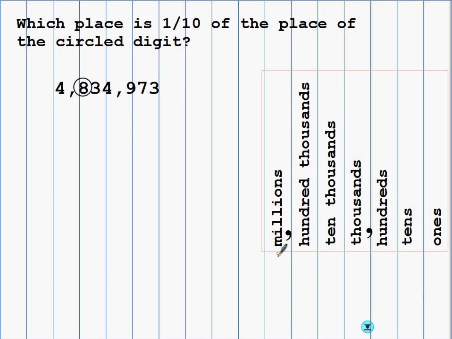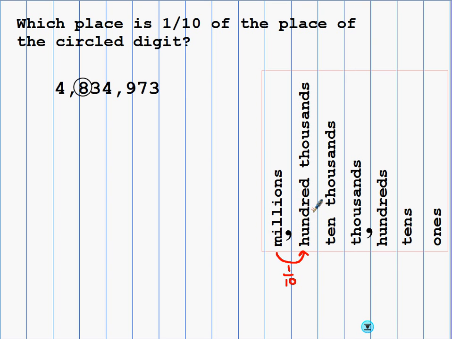Now, if I go from my millions place to my hundred thousands place, 1 million is made up of 10 hundred thousands. So if I move from my millions place to the right, I decrease the value of that place by 1/10.